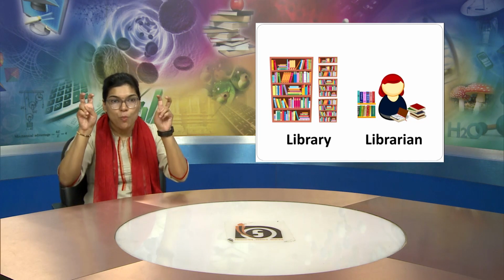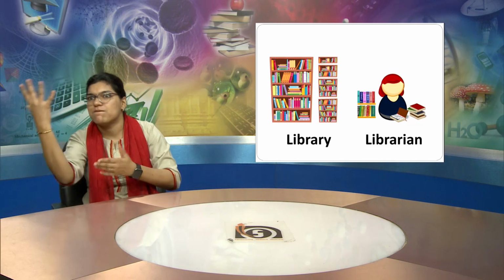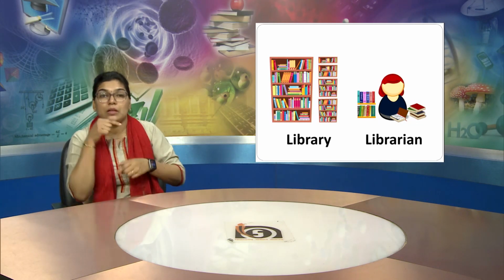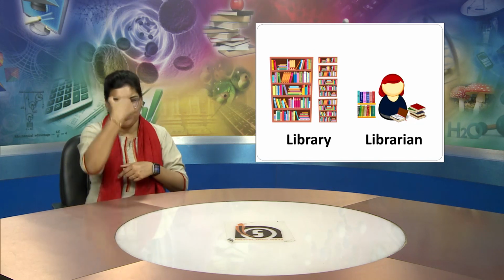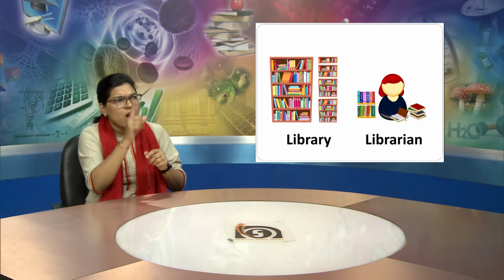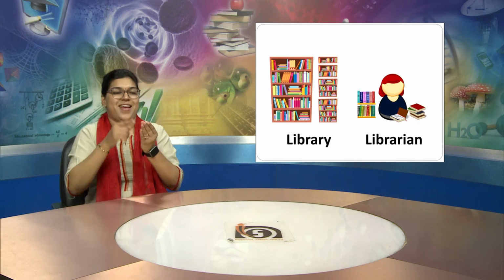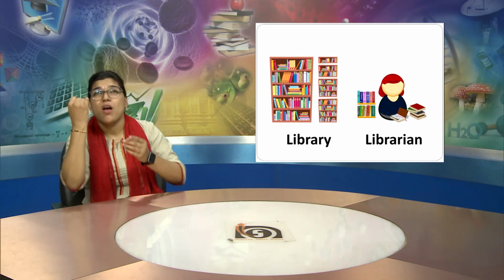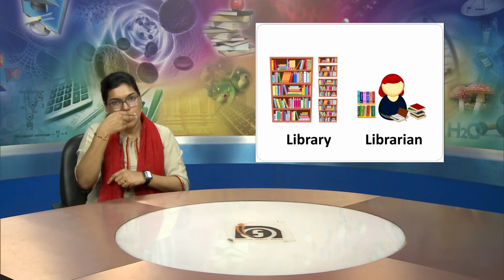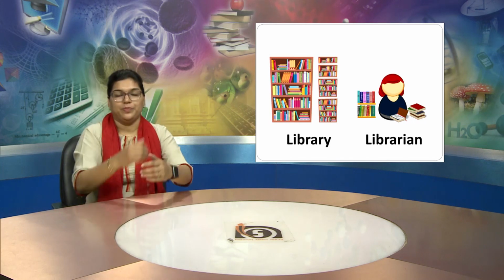That person takes care of all the books, looks after how the books should be kept and where they should be kept, and if any person comes to find a book, then the librarian helps the reader to find where the book is kept. So librarian is the name of the person who works in the library.